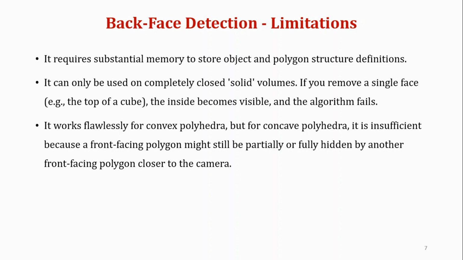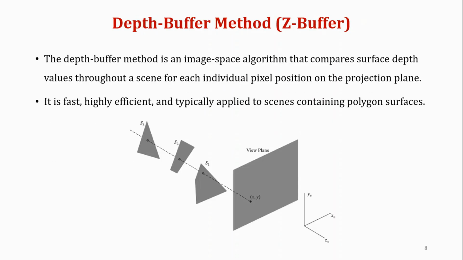Let us move on to the next algorithm, which is the depth buffer method, or Z buffer method. It is one of the most widely used visible surface reduction techniques in computer graphics. Unlike back-face reduction, it is an image space method. Back-face is object space; image space means you think about pixels, pixel by pixel. Instead of comparing entire polygons, we compare only at the pixel level.